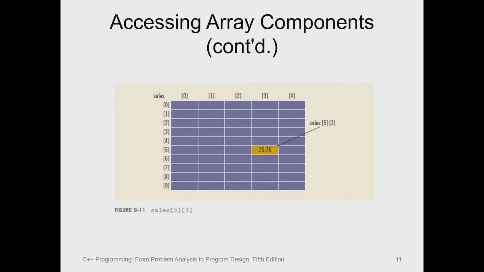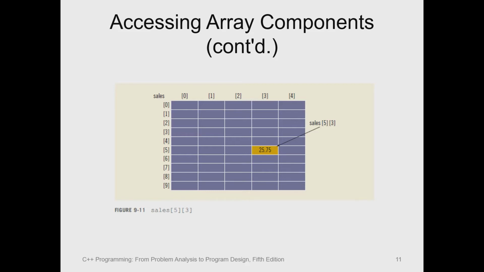We assign an equal sign since this is a declaration, followed by the curly braces. In this example, we have 2 3 1. That will be assigned to row 0, and 2 will be assigned at column 0, 3 will be assigned at column 1, and 1 will be assigned at column 2.